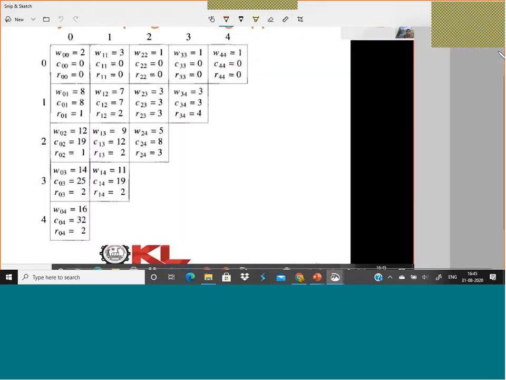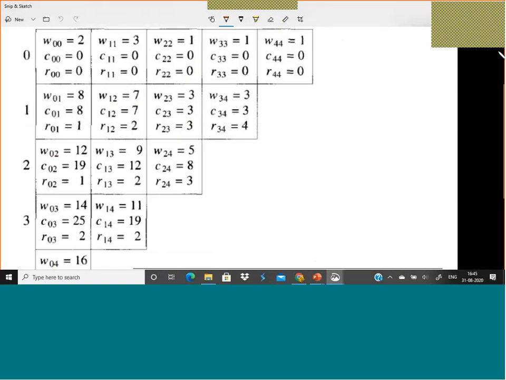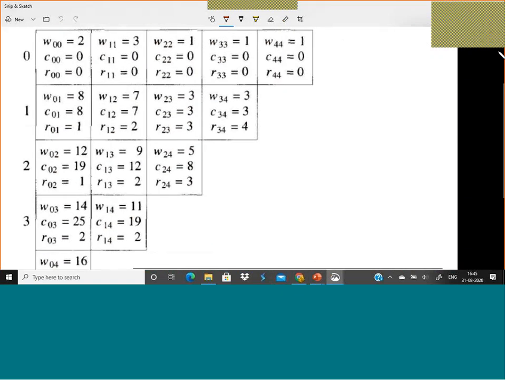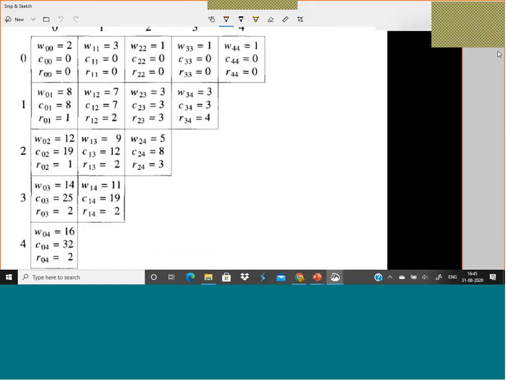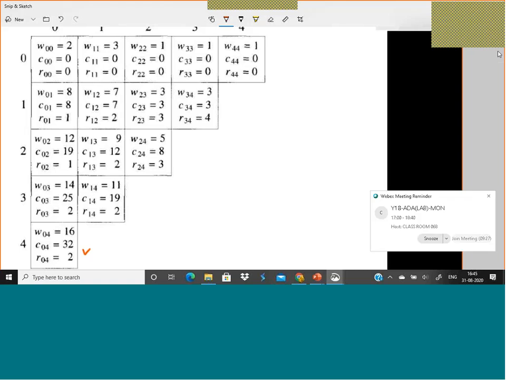Yeah, now with the help of these particular values, okay. So now C of 0, 4, you look here, C of 0, 4, which contains all your nodes and everything. Okay. So for C of 0, 4 the total cost is 32, and the element you selected as a root is this one.